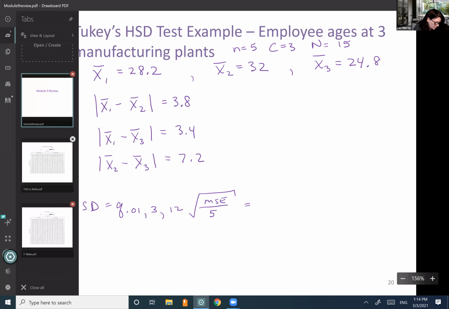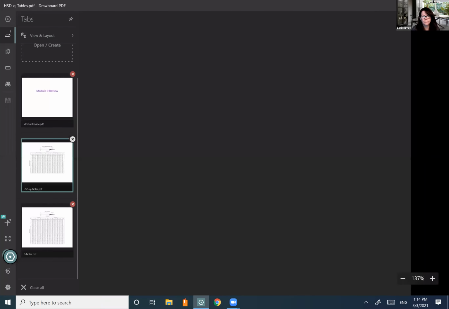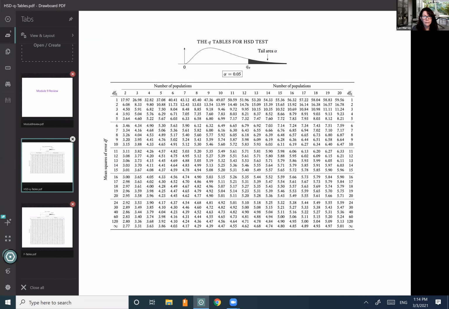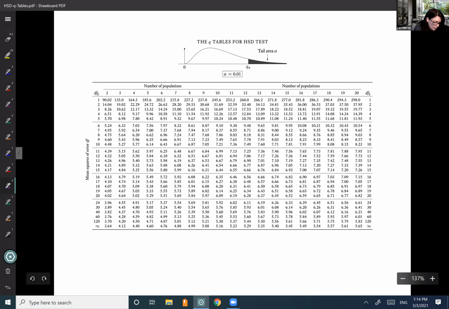So we need to find the value for Q. We'll go to our studentized table right here, and that is for alpha equals 0.05. For our test, we want 0.01, and we want to go to 3 degrees of freedom for the number of populations, and the degrees of freedom for the error was 15 subtract 3, so that would be 12, right?